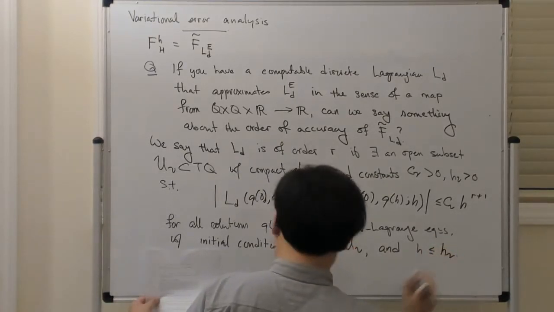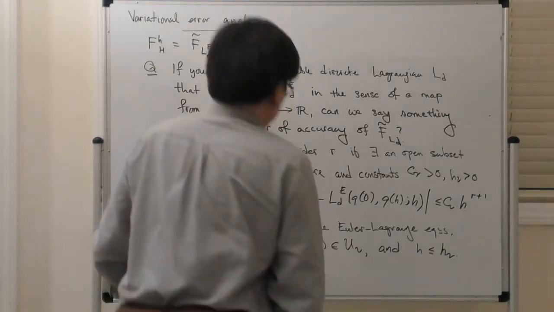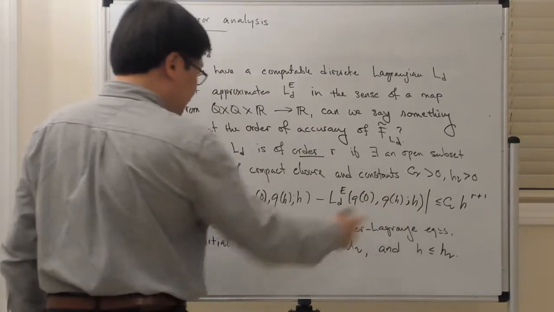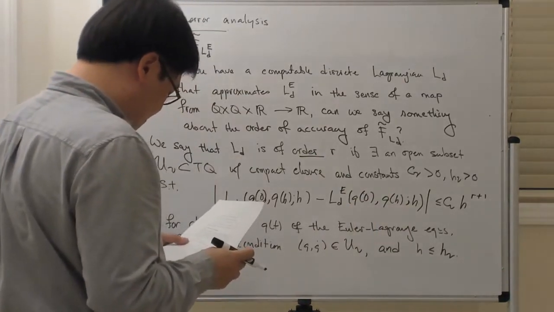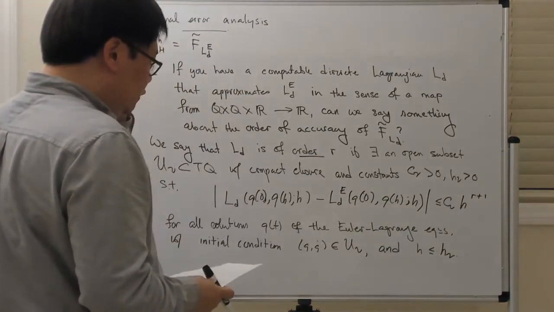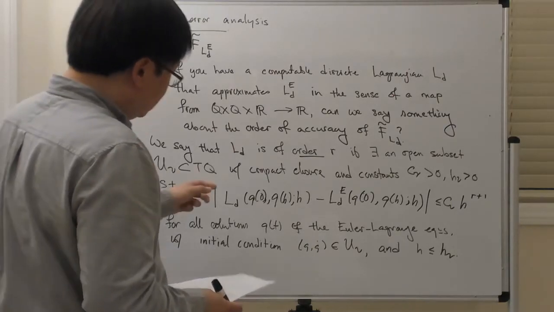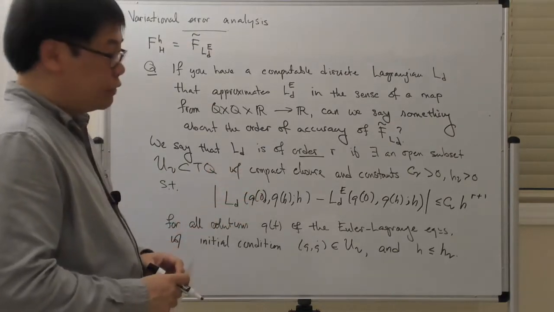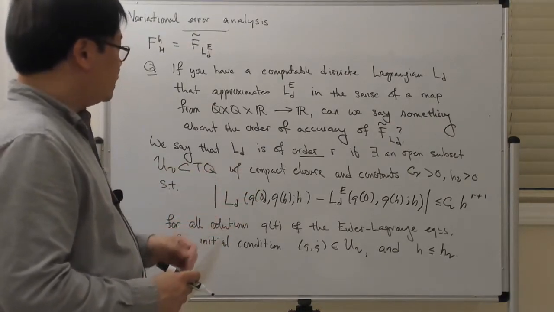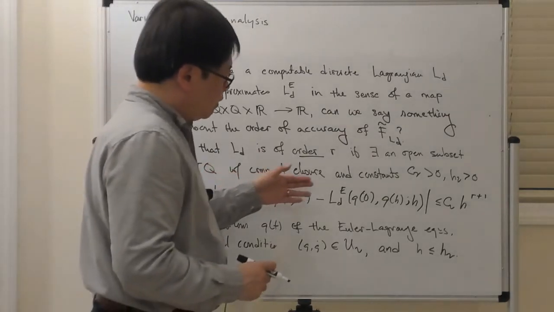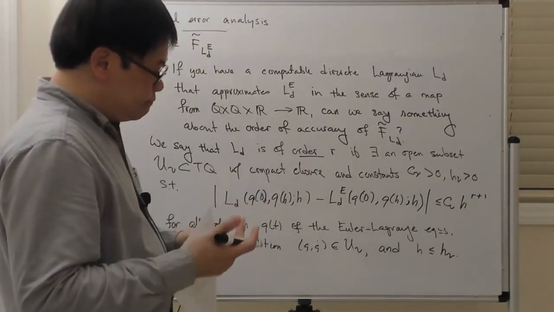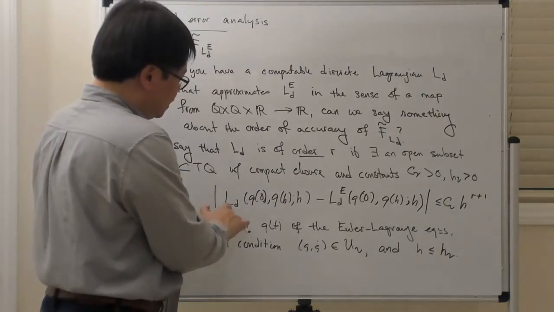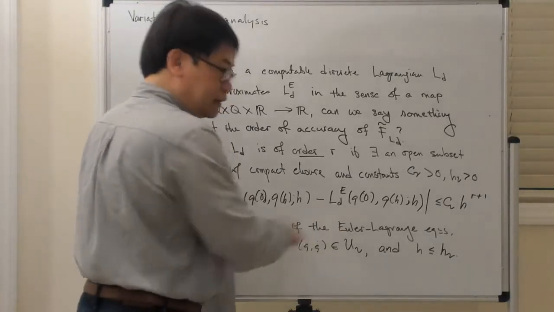Again, we say that the discrete Lagrangian is of this order if an estimate like this holds. The basic idea is that if you have this kind of global control over the error, then you have some control over the discrete Legendre transforms generated by the discrete Lagrangian and the exact discrete Lagrangian.